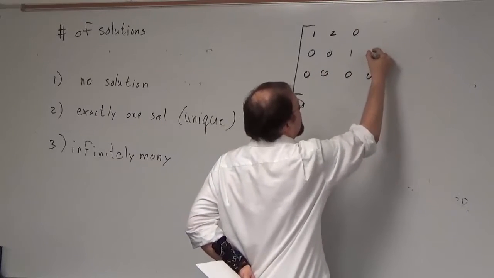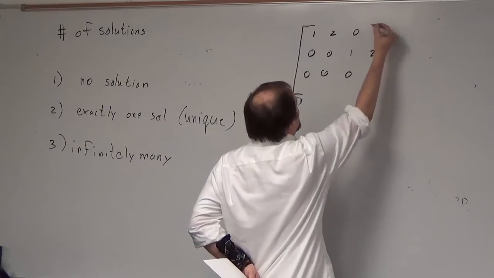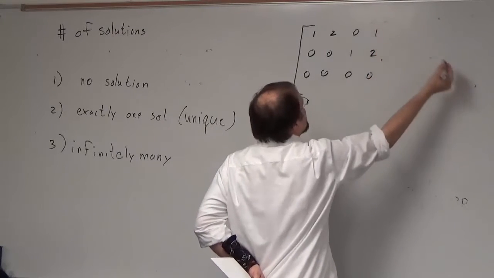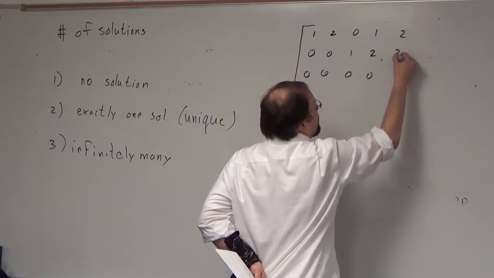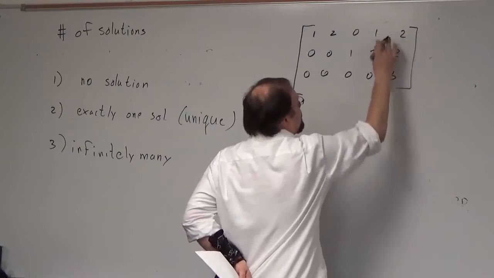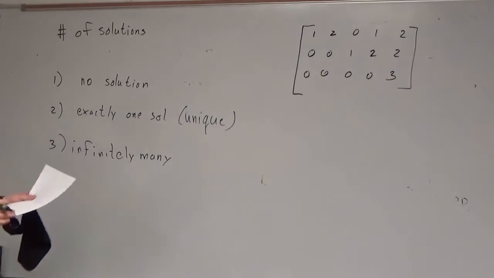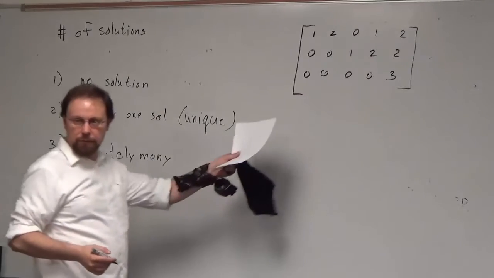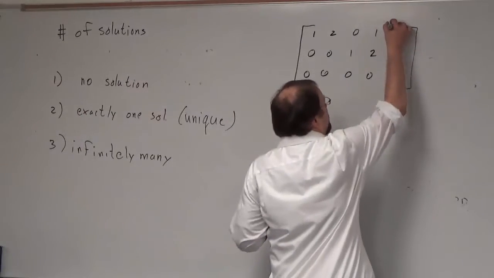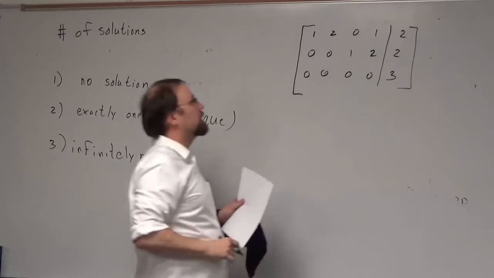Right. So this is an augmented matrix, remember? We're not just looking at some mathematical object called a matrix, it's an augmented matrix. So this represents a system of equations.